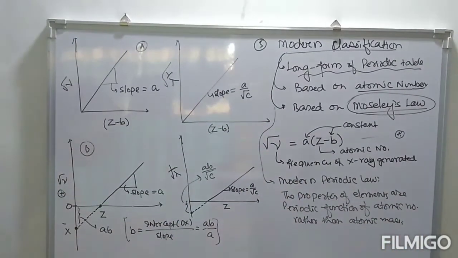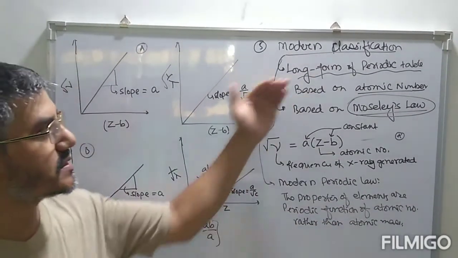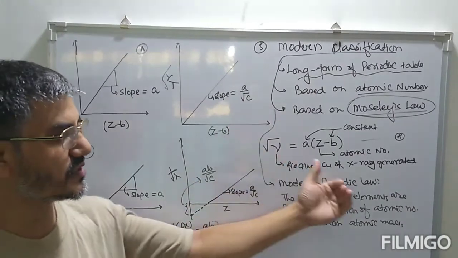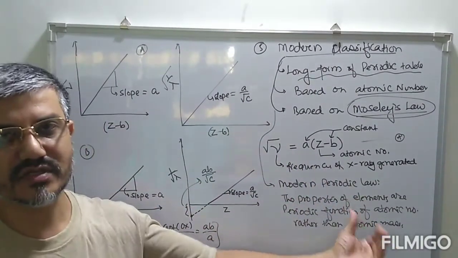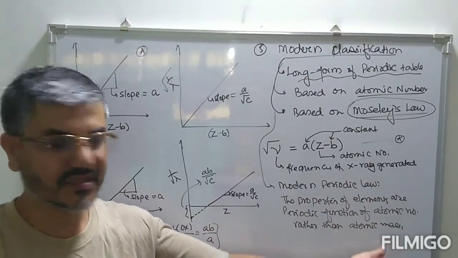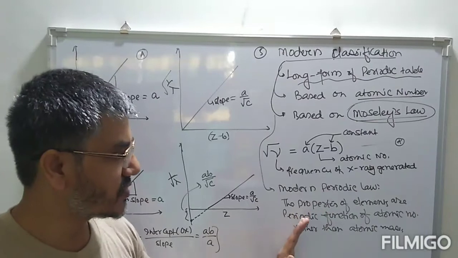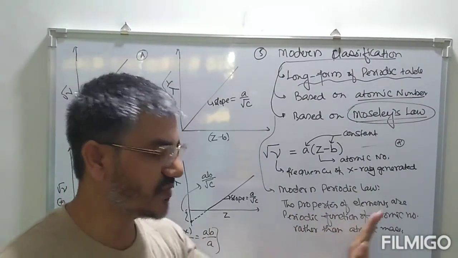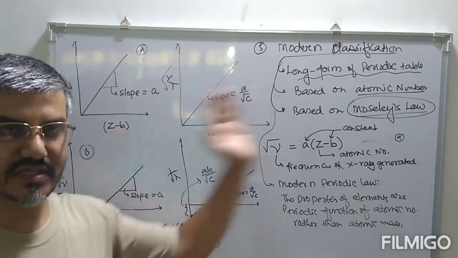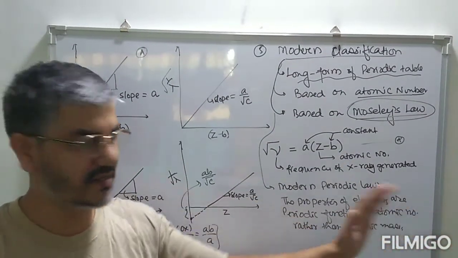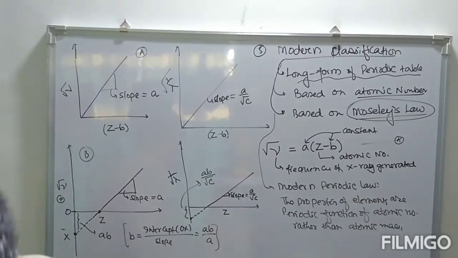Mendeleev says the properties of elements are more fundamental to atomic mass, whereas the modern classification, or Moseley's law, says the properties of elements are more fundamental to atomic numbers rather than atomic mass. So the modern periodic law says properties of elements are a periodic function of their atomic numbers. Mendeleev's law says properties of elements are a periodic function of their atomic mass. This is atomic number, Mendeleev's is atomic mass.